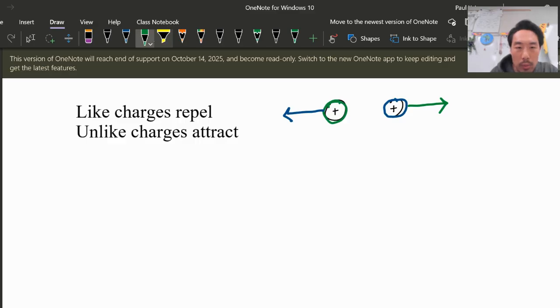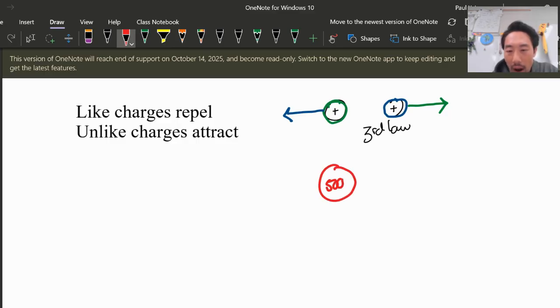Now, it's also important that Newton's laws still apply even on this tiny atomic scale. The third law applies, meaning that the magnitudes of the forces are identical. This is important because one of the ways they'll try to trick you is, let's say you have a net charge of 500 positive coulombs, and over here we have a total of positive 2 coulombs.